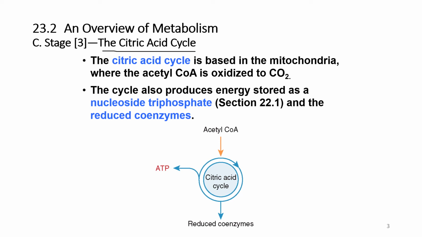Anyway, this is a cyclic pathway, and ultimately there is some production of an energy molecule that is converted to ATP. Nucleoside triphosphate, that's what this is, adenosine triphosphate. And we will also see reduced coenzymes that carry electrons and protons to another pathway.